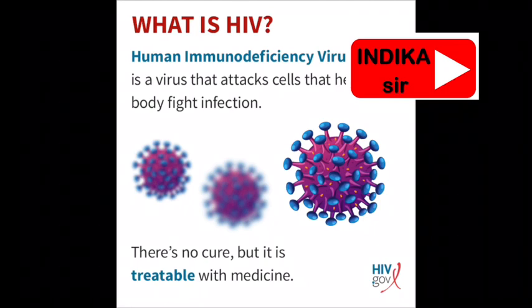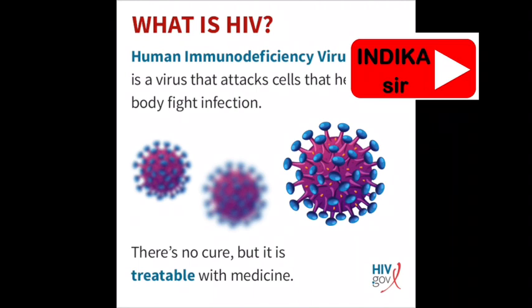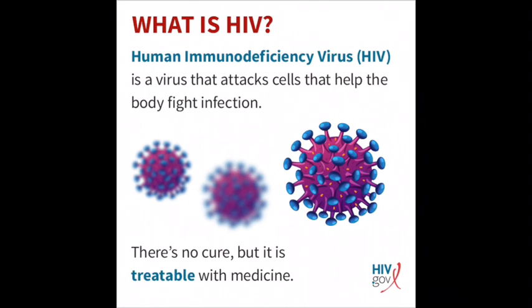The next viral disease is AIDS. The method of spread is blood and other fluids of an infected person. The virus enters through sexual contacts or blood transfusion.